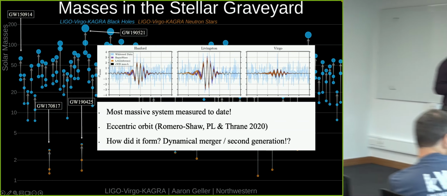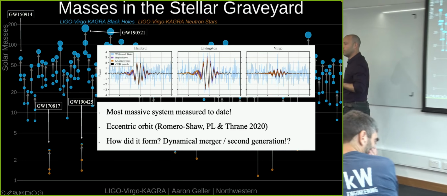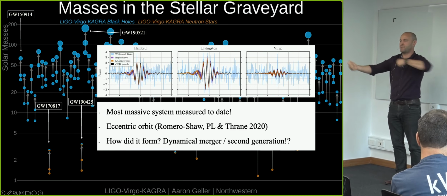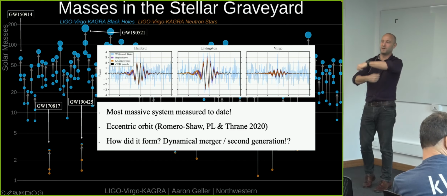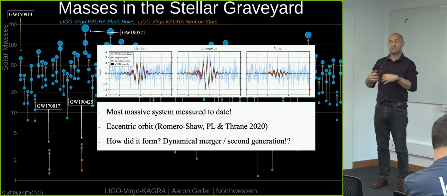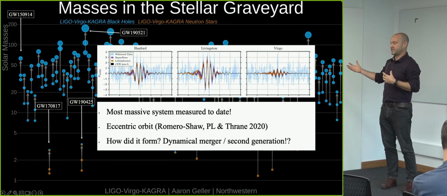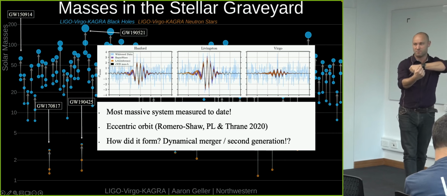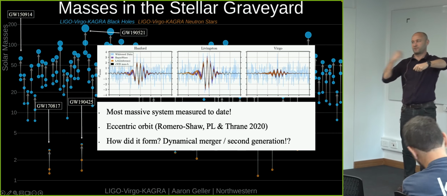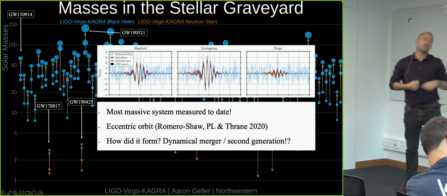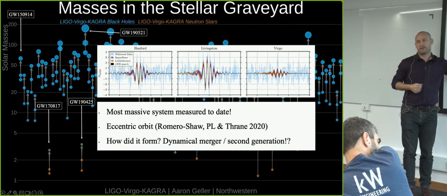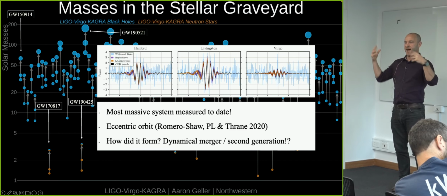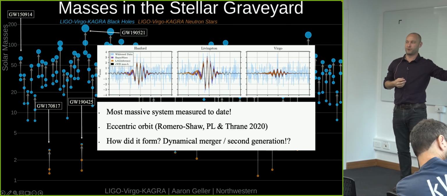What you actually expect with normal binary black hole systems is that as they spiral in over many, many millions or even tens of millions or hundreds of millions of years, they actually shed any form of eccentricity because they circularize. When they're at closest passage, they emit more gravitational waves, which causes them to circularize very quickly. So if systems are formed as a binary stellar system, you don't expect them to have any residual eccentricity by the time they merge.